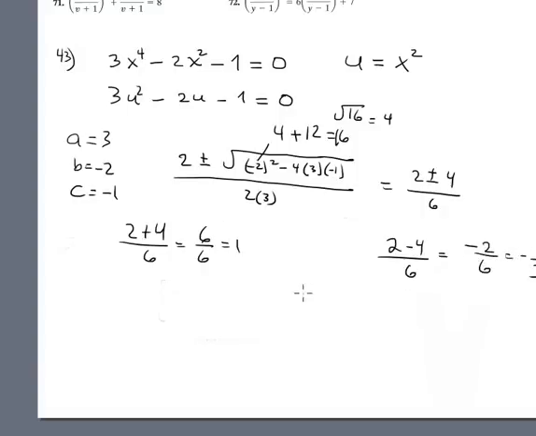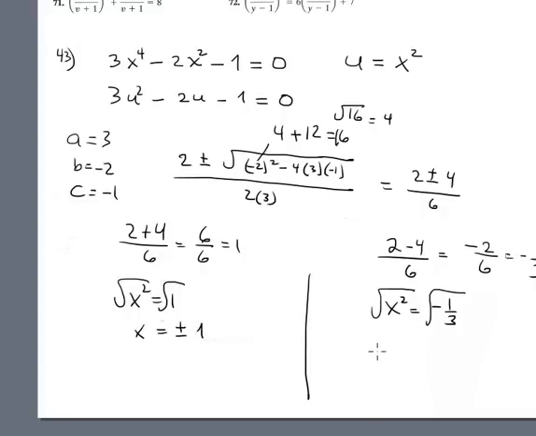Okay, now I retrieve the original variable. This is u, but it's also x squared. Square root both sides, x is equal plus or minus 1. And square root here, x is equal plus or minus i, because it's imaginary, 1 over radical 3.